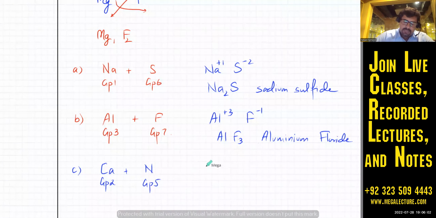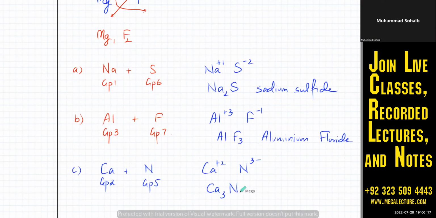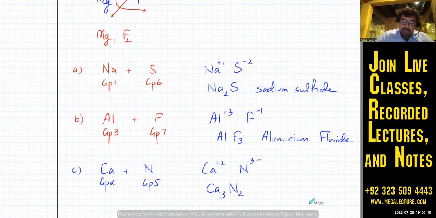So calcium will be +2 and N will be 3-. So what is the formula? It's going to be Ca3N2. Exactly. And the name of this compound, instead of calcium and nitrogen, is going to be calcium nitride.